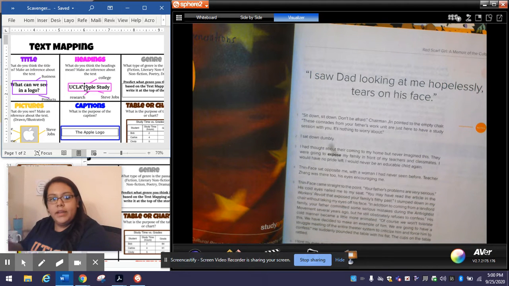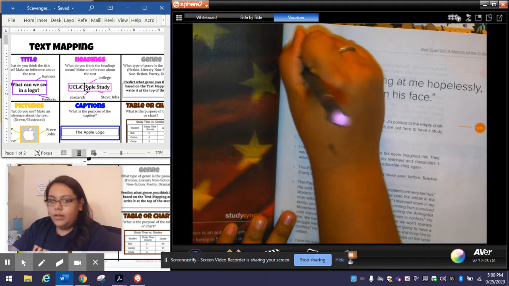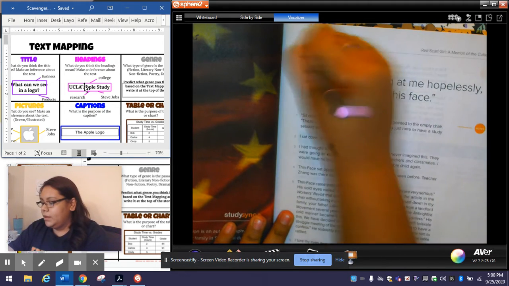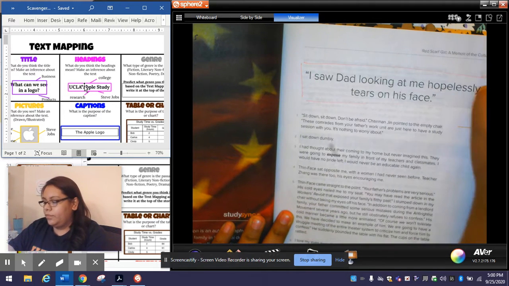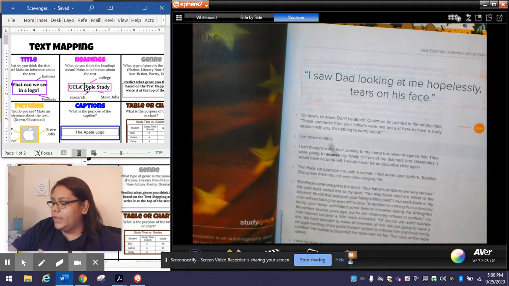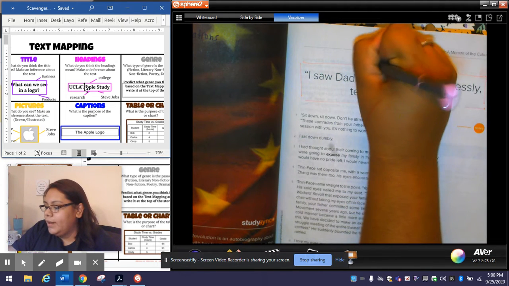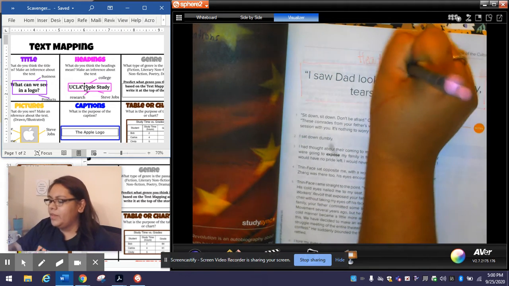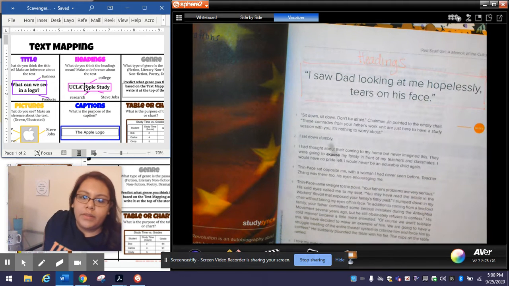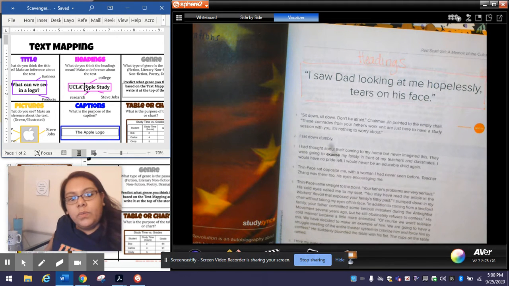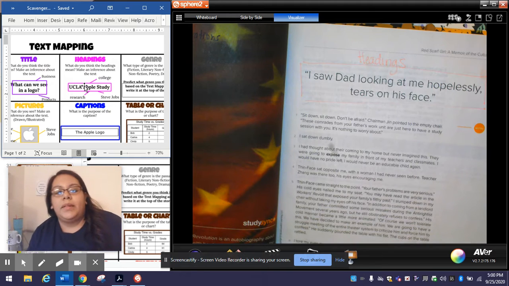So let's label it. We need a light pink, or a pink, for headings. You can even label it headings. This is only available in the book. I don't think it's on the computer copy. It says, what do you think the headings mean? Make an inference about the text.